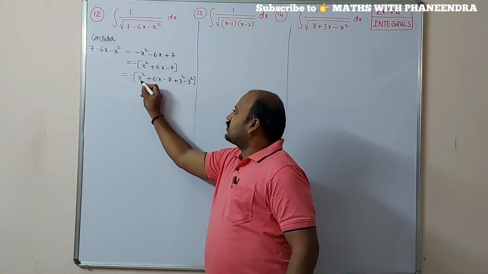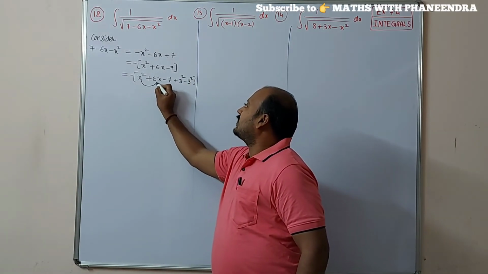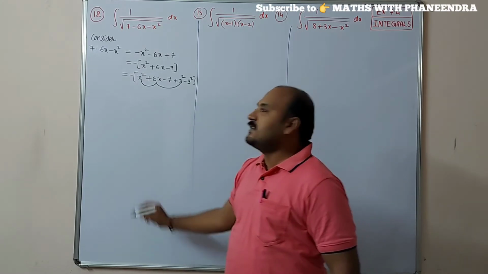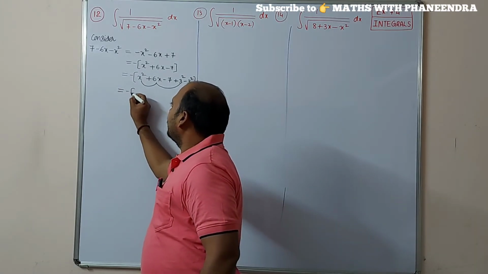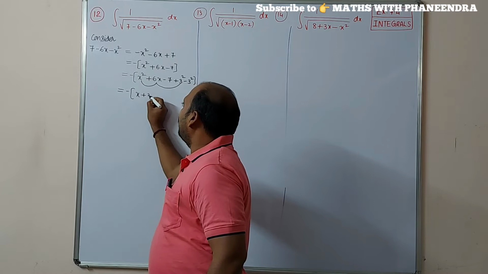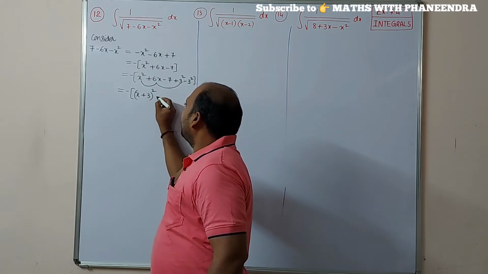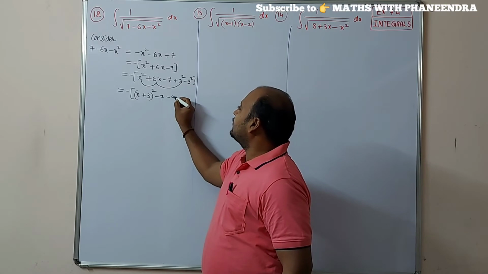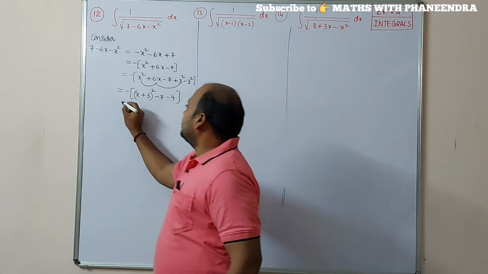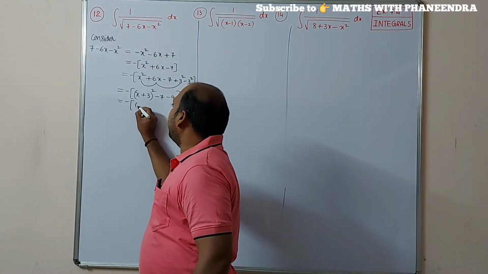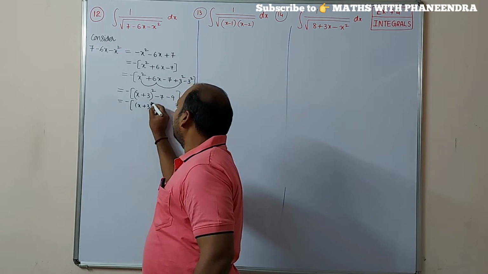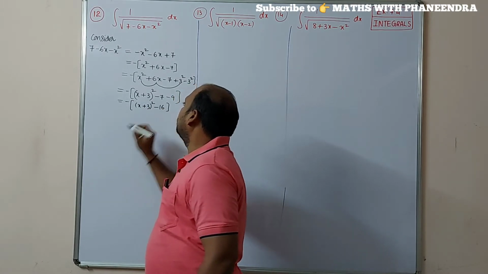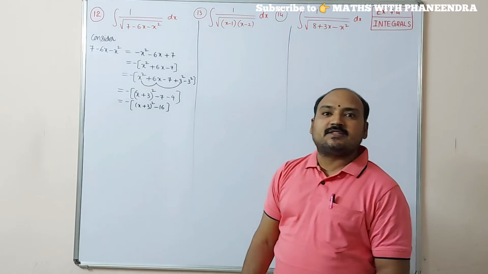Now x square plus 6x plus 3 square is the expansion of (x plus 3) whole square. The rest of the terms: minus 7 minus 3 square, minus 9, which is equal to minus (x plus 3) whole square minus 16, since minus 7 minus 9 is minus 16.